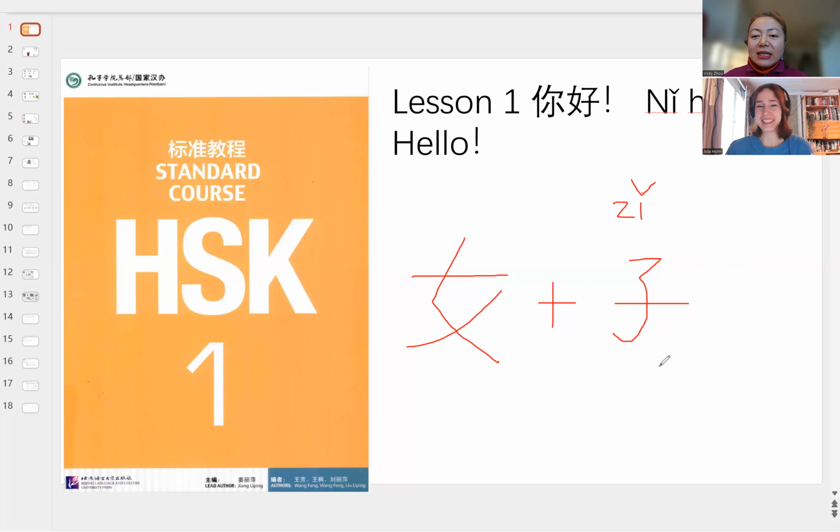For the moment you can remember two main meanings. One is for children, kids, like 孩子.